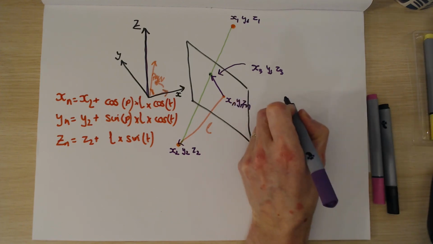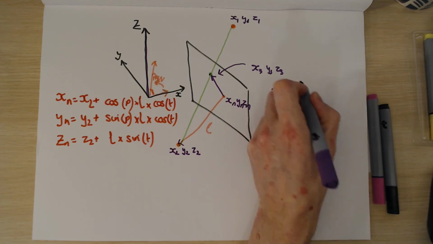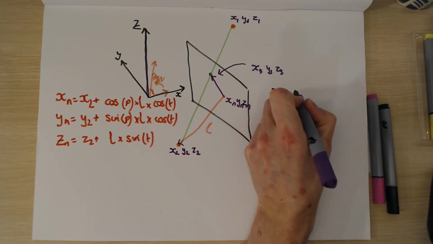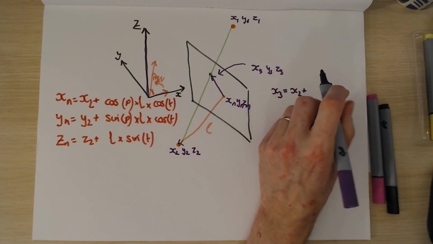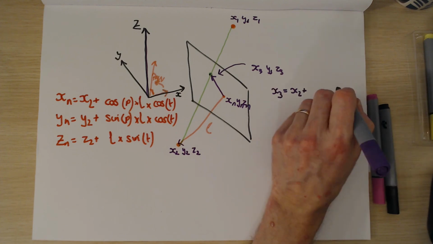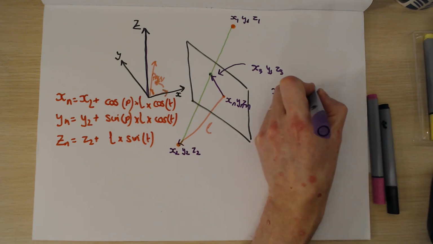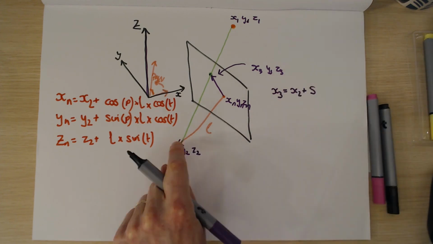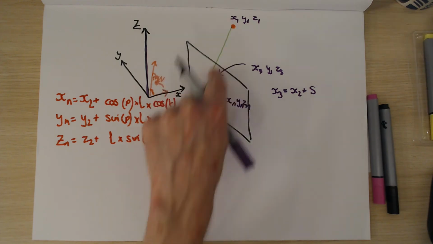It's quite simply x3 equals, again, x2 plus, and now we're going to come up with some scalar, some number t. I've used t already. Let's call it s. So some value s, which goes somewhere between here and here.